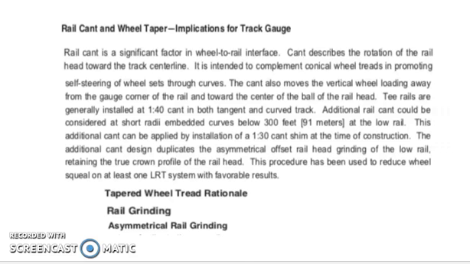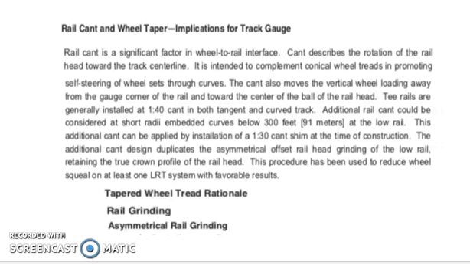There must be a good, harmonious interface between the rail and the wheel. You have to take note that cant describes the rotation of the rail head toward the track centerline. It is intended to complement conical wheel treads in promoting self-steering of wheel sets through curves.